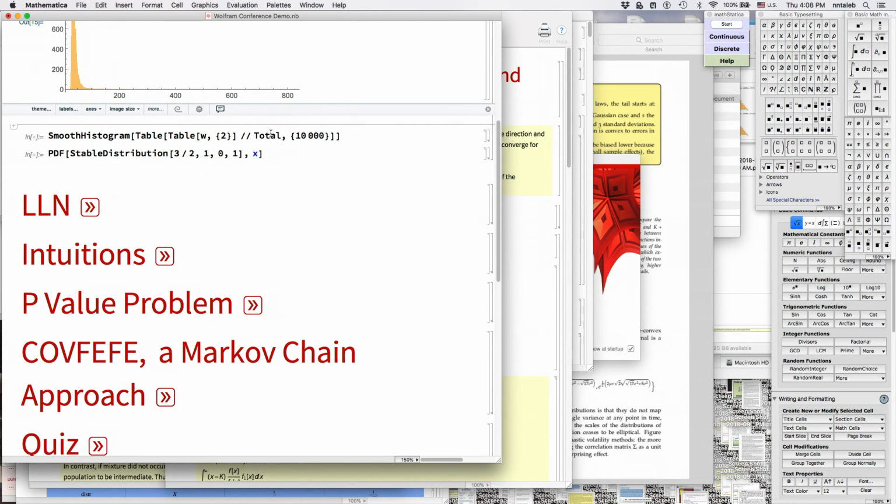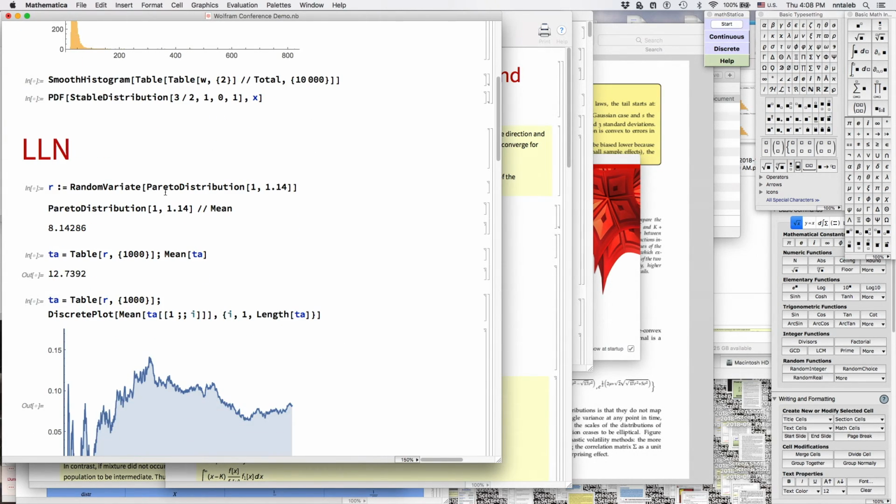So let's now look at the following situation, okay? There is the distribution, the most commonly known, which is not the Gaussian. The most commonly used is which one? Sorry?